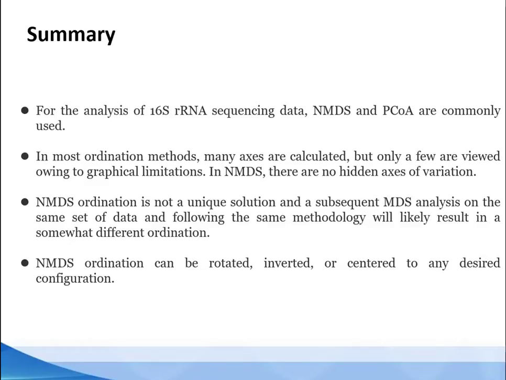It just shows the relative location of different samples. That means in the figure from non-metric multidimensional scaling, the distance between two points just shows the dissimilarity or similarity extent of the two samples, not considering axis explanation.